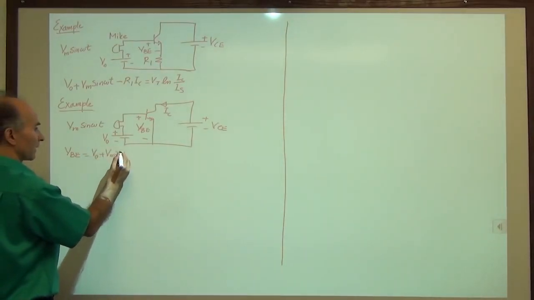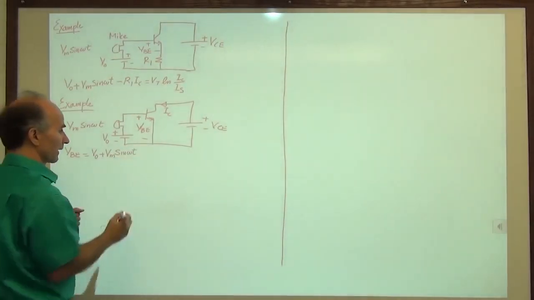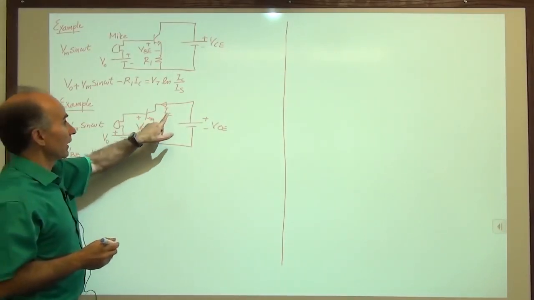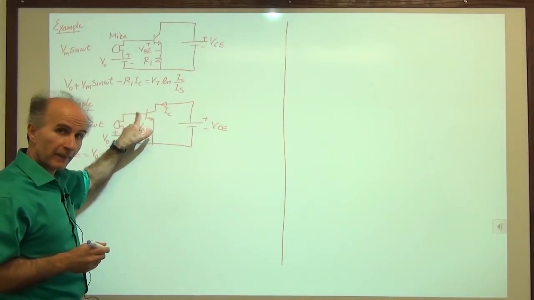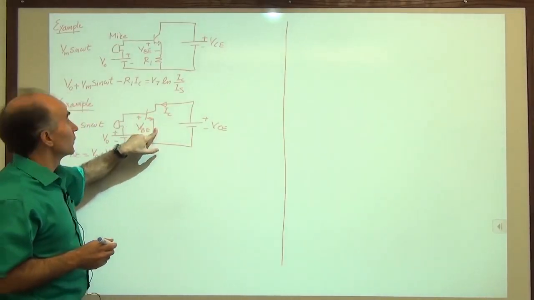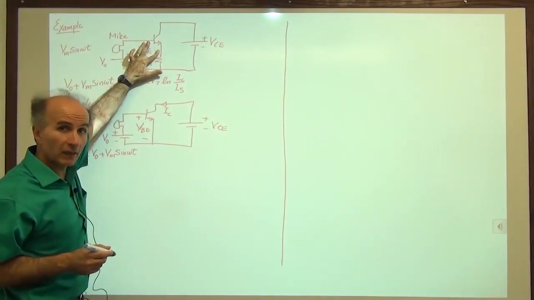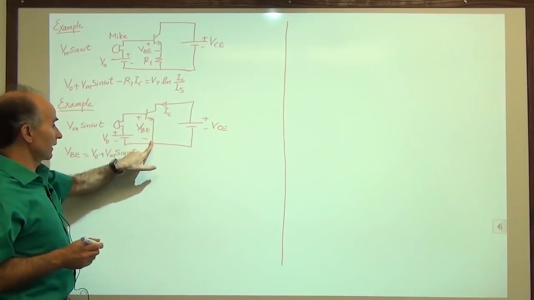We have the bias value, and superimposed on that, we have the microphone signal. And we know that IC is an exponential function of the base emitter voltage. We couldn't do that before because the base emitter was not directly available in this KVL. But here it is directly available.